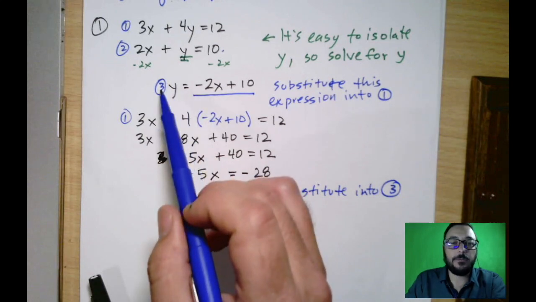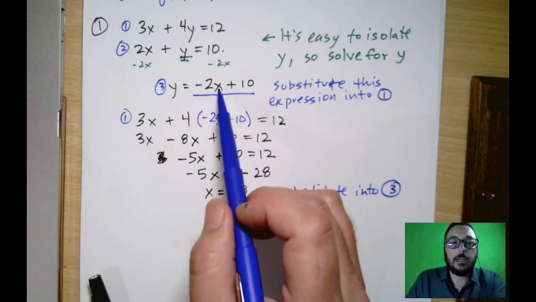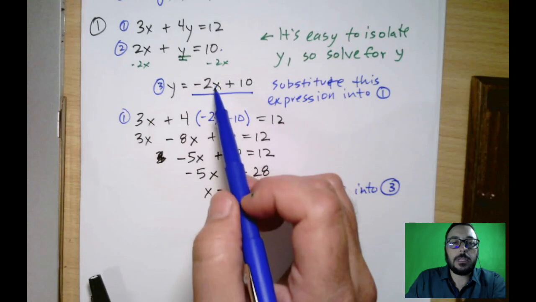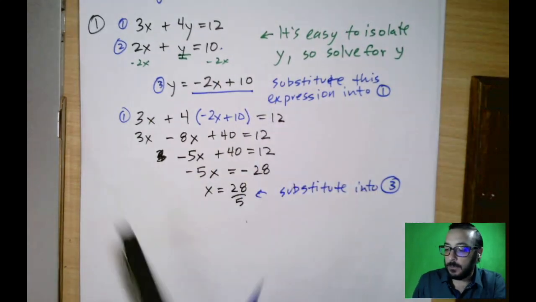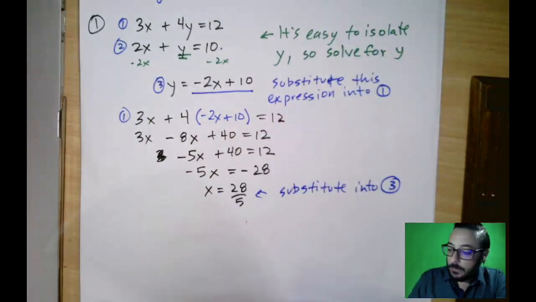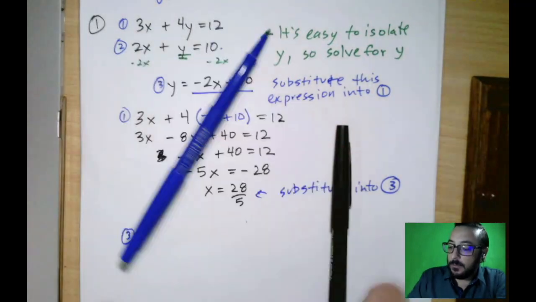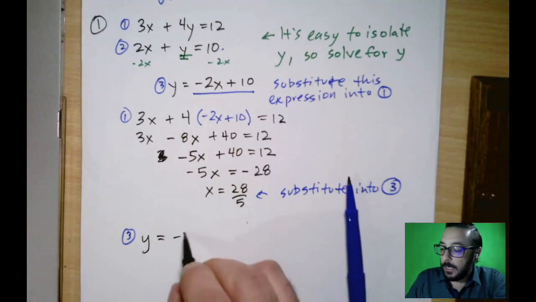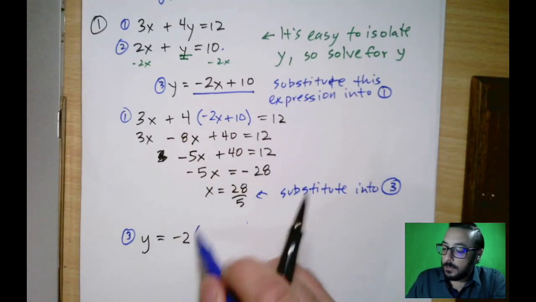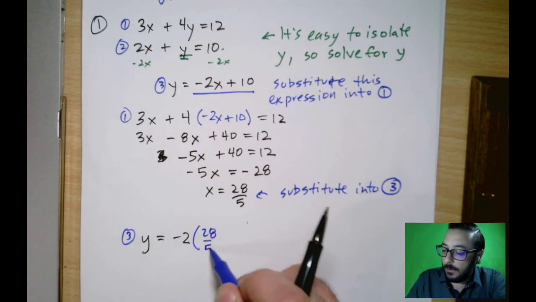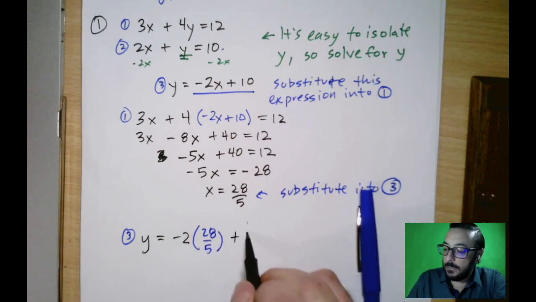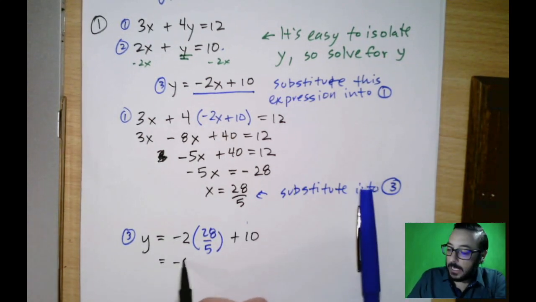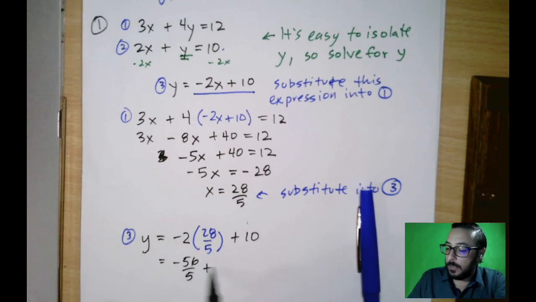Since we've already solved for y, we're just going to plug in our new x value into this equation to solve for y. So number 3 here is going to be y equals negative 2 times 28 over 5 plus 10. So that's negative 56 over 5 plus 10.